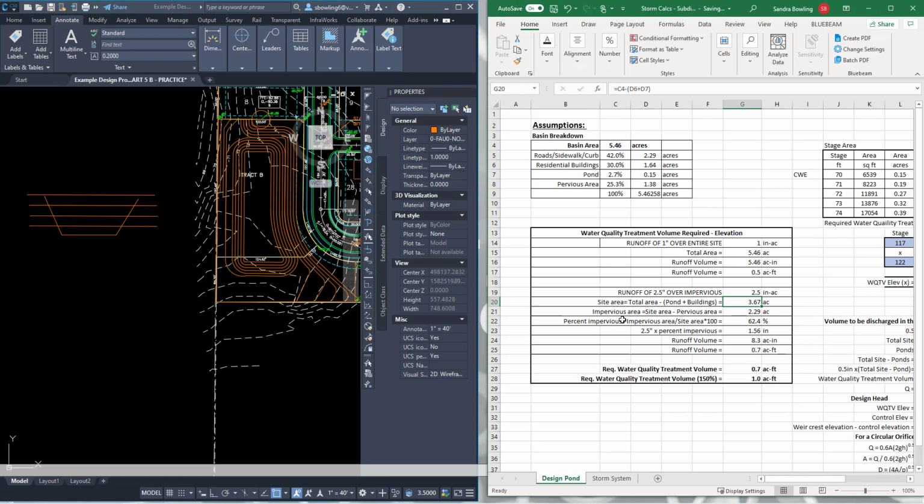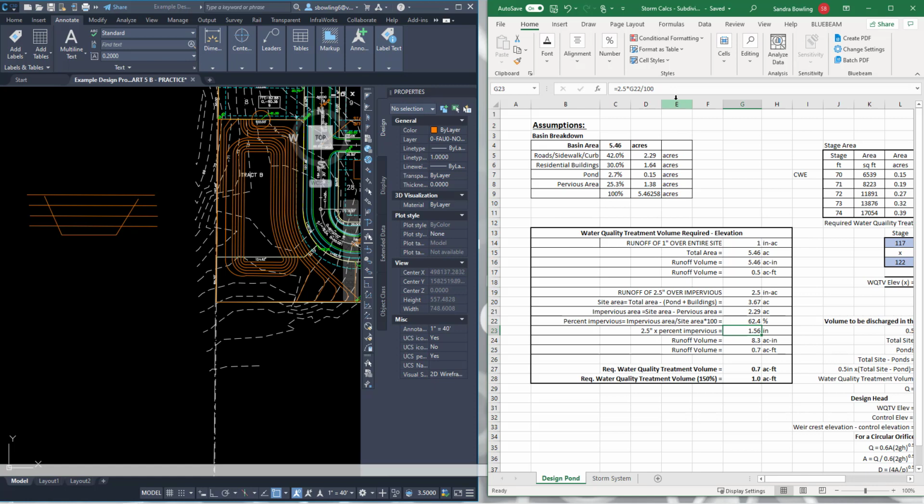And then the impervious area is the site area minus the pervious area. So now I'm taking the site area from above and subtracting the pervious area. So that gives me 62% impervious.